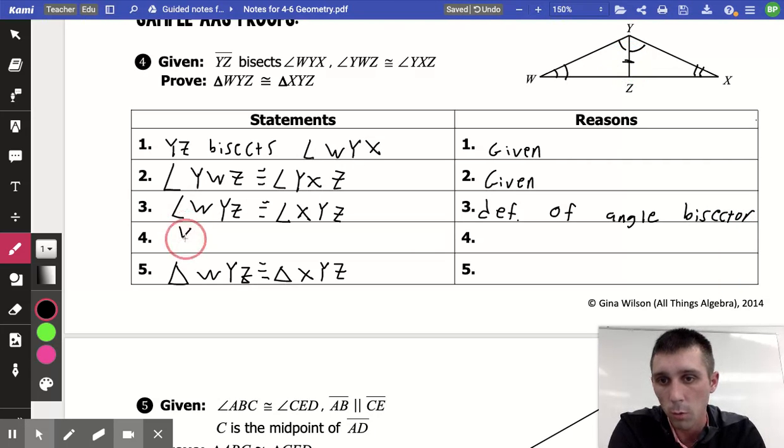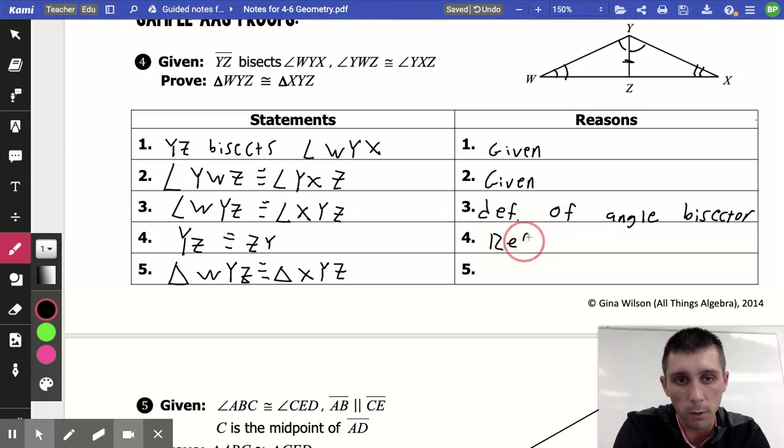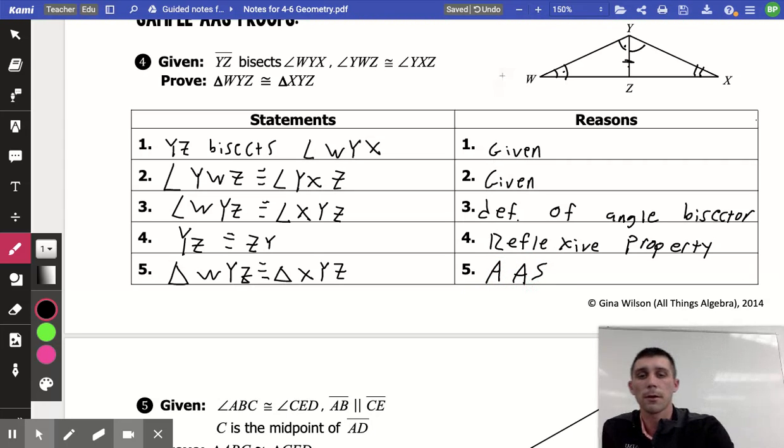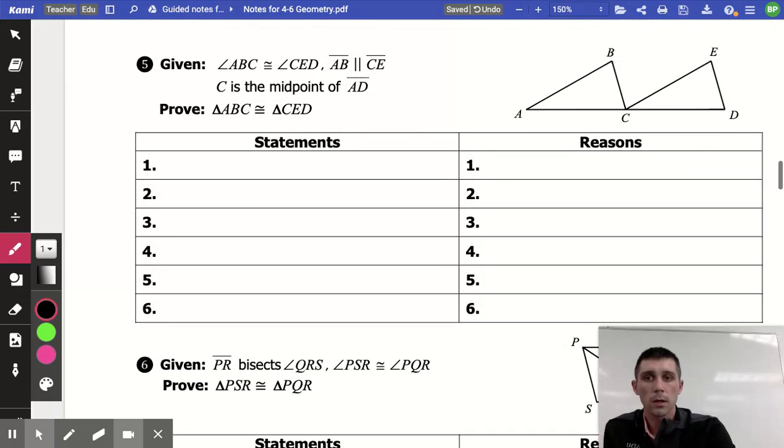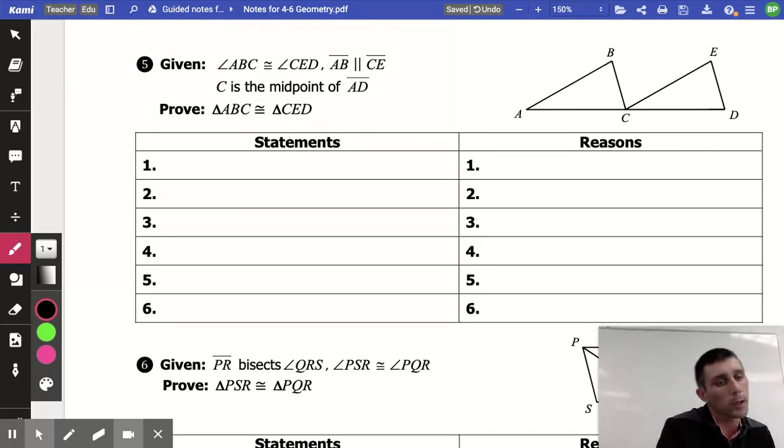Yes. YZ would be congruent to ZY. And what is our reasoning? One of the reasons sides are congruent is the reflexive property. All right, now how do we know? Angle, angle, side. AAS. All right, we'll do number 5 and be done with the angle, angle, side.